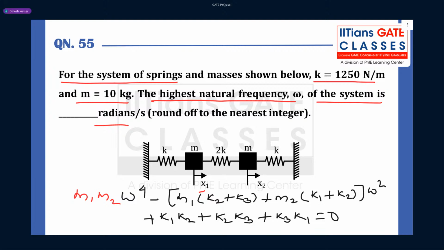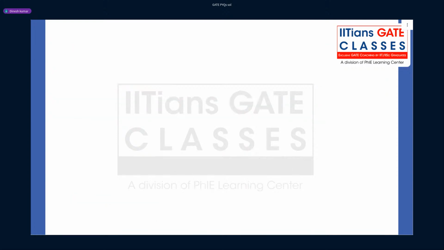Now guys, in this problem, what is your m1? It is equal to m2, and it is given as 10. And k1 is equal to k2 equal to k3. So substitute everything. What do you find?